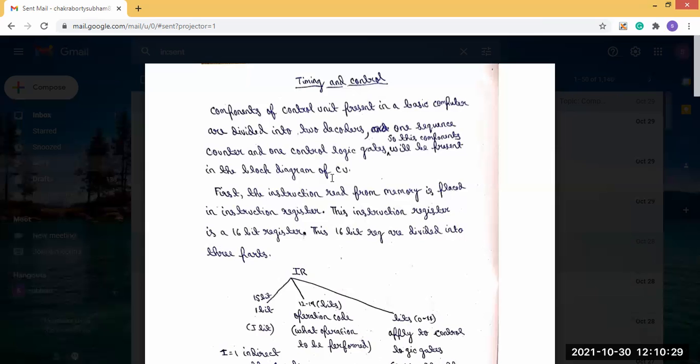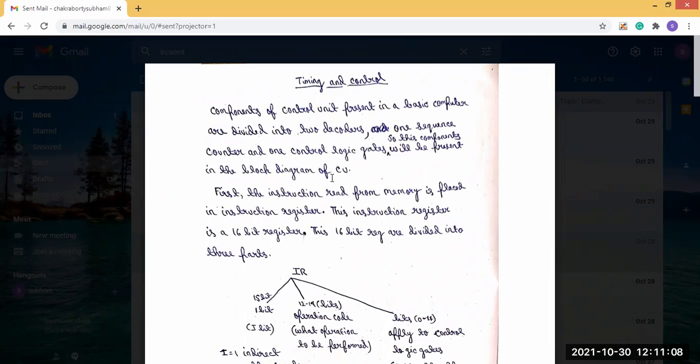Then the operand address calculation will be performed, and the data stored in that particular memory location will move to the register. Then we know the operation to be performed and the data from the operand address calculation, and then the operand is fetched. After that, we perform the operation and store the result. This is how the instruction cycle begins.